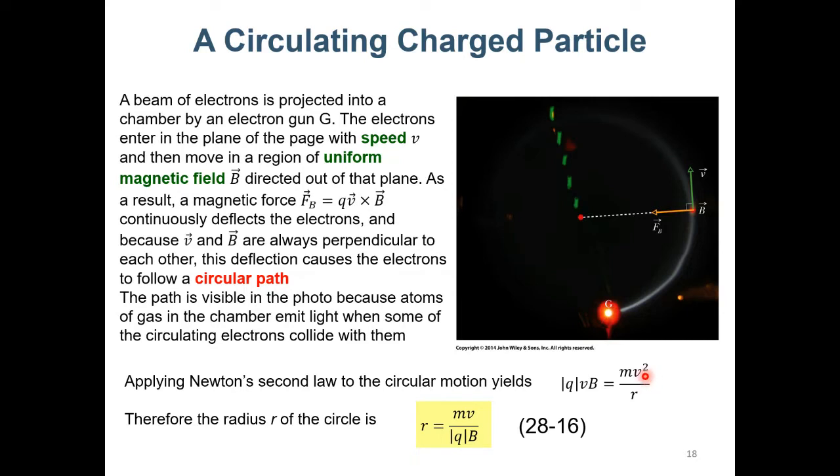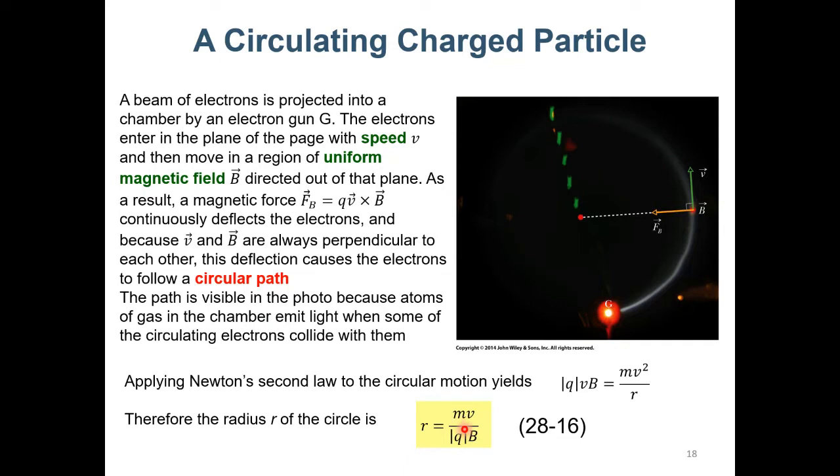So the acceleration should be v squared over r. We substitute it here: F equals ma, and F is the Lorentz force. So v and v can be cancelled, and then finally, r would be mv over qB.